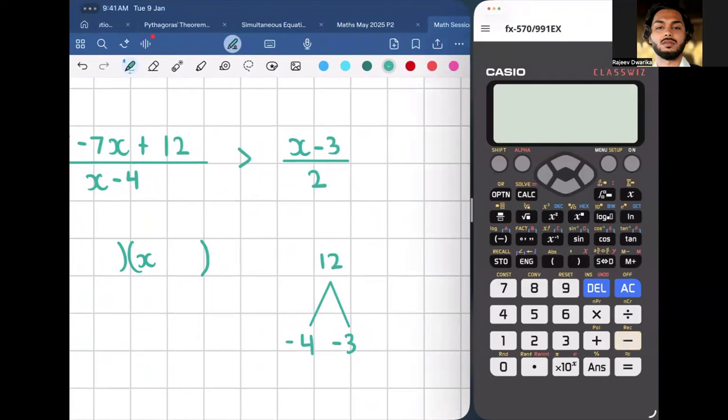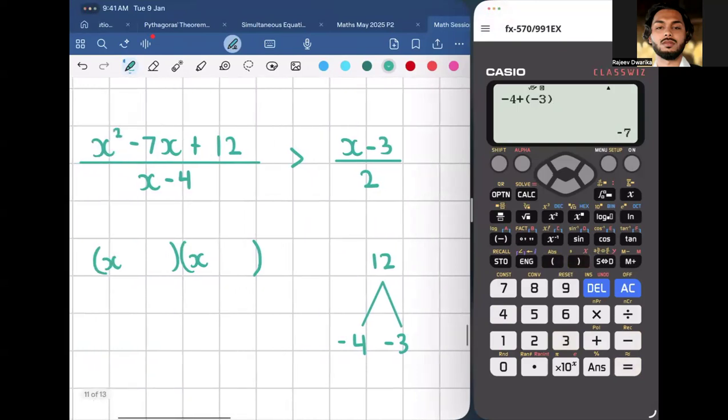So minus 4 multiplied by minus 3. Does it give us back 12? Yeah, it gives us back 12. And if we add it, are we getting back the negative 7? Yeah. So that's what we have to use.